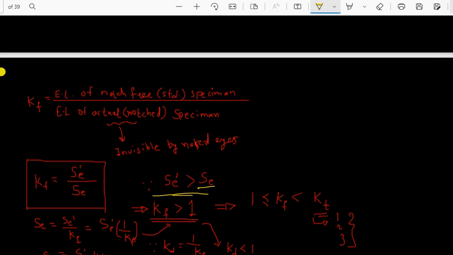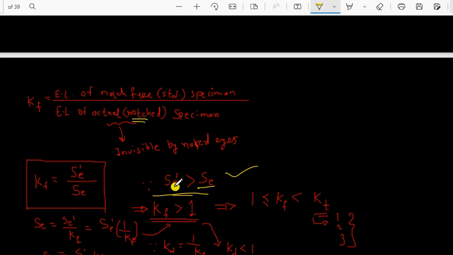How have we defined it? Kf is equal to the ratio of endurance limit for standard specimen to the endurance limit of actual specimen having notches, invisible notches, right? So we have derived or justified that SE dash will always be greater than SE.